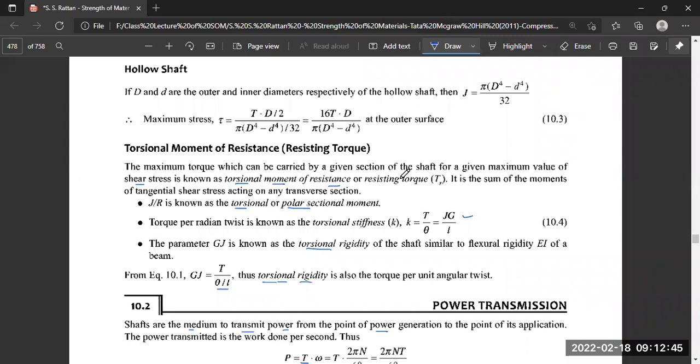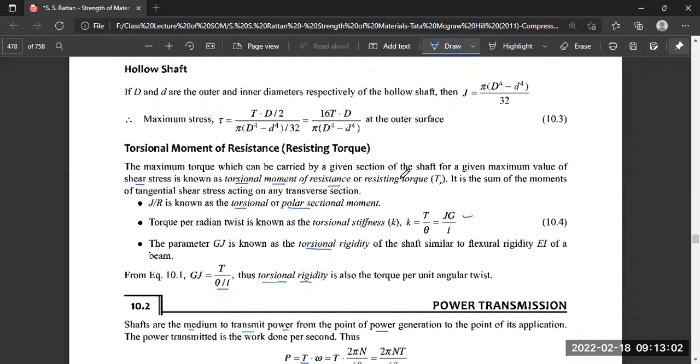Well, with the condition that the torsional equation is applicable only when Hooke's law is applicable, which means stress is proportional to strain, and the bar is stressed well within its elastic limit.